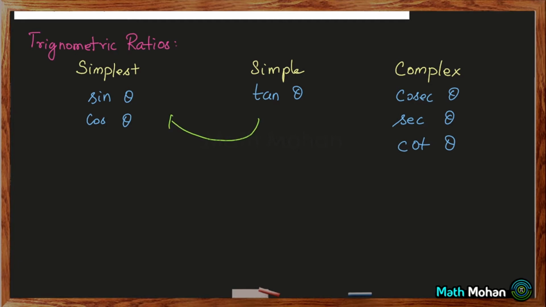If the terms are in complex form, you also have to try to bring them to the simple, sorry, simplest form. If you do so, you can easily prove those kinds of sums without any confusion. So you need to understand these three categories.